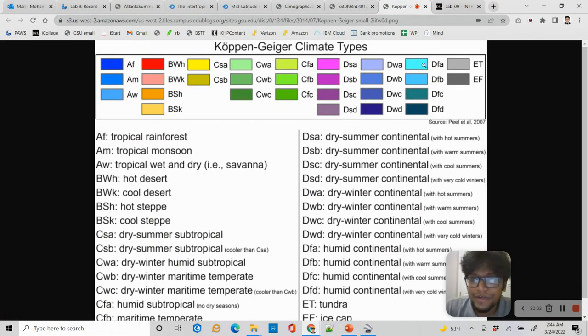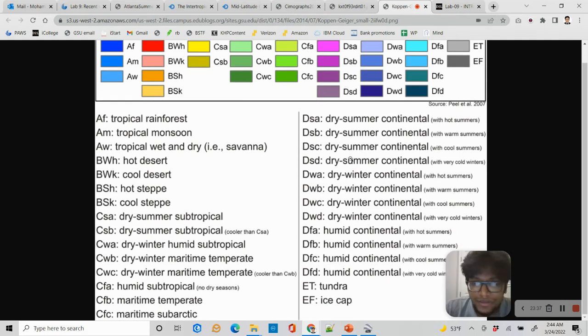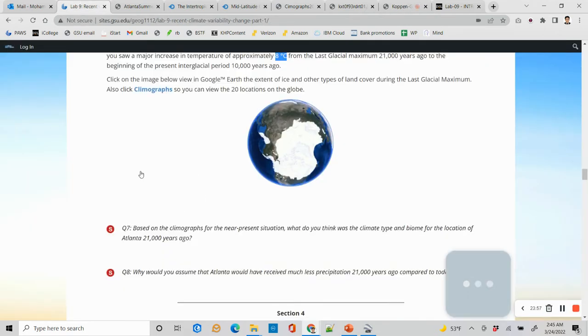Okay, humid continental, with hot summer. So right now it is humid subtropical, but probably 21,000 years ago it was humid continental or something like that. So you need to know what humid continental is and talk about that in your answers.